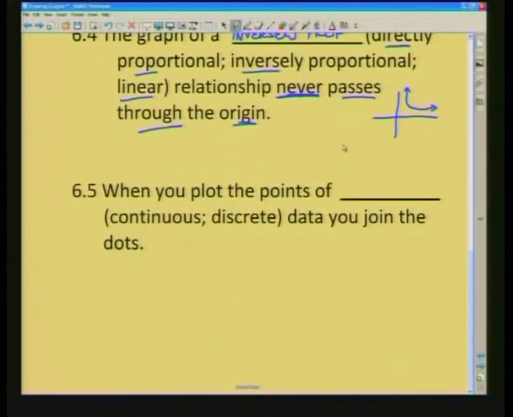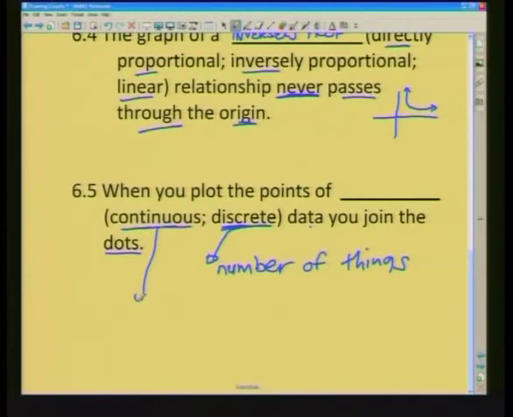Finally, when you plot the points of continuous or discrete data, you join the dots. So let's just remember what discrete data describes. Your discrete data, we're talking about a certain number of things. So number of people, number of chairs, number of tables, whatever the case is. Those have to have specific values.